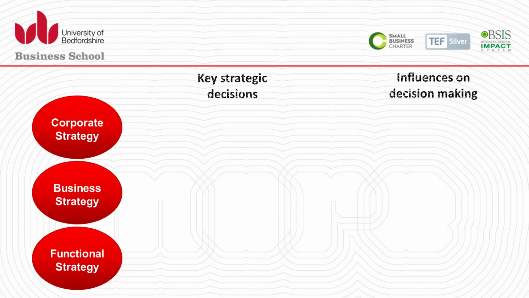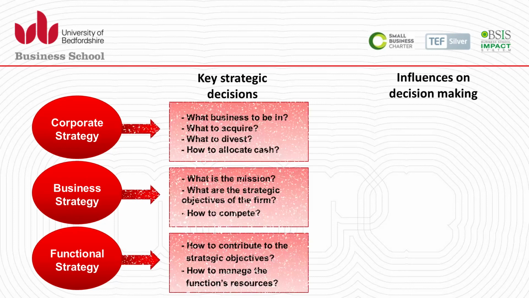So we are looking at the key strategic decisions at one end, and then what influences these strategic decisions when we are making them, what the key forces are that influence them.